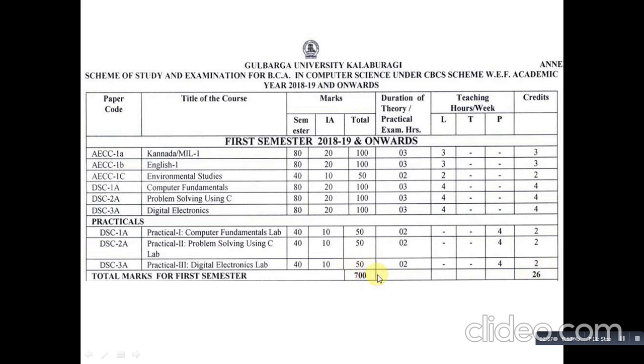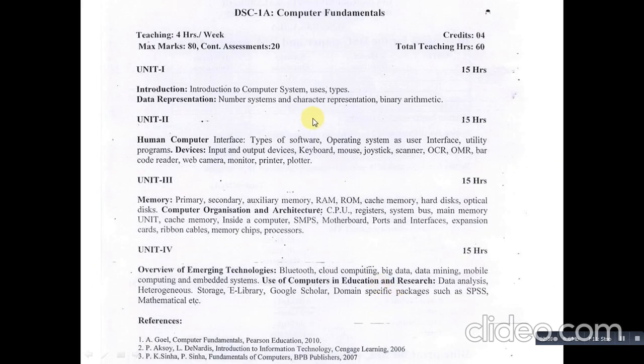DSC 1A computer fundamental paper is having 4 units. The first unit is all about the introduction of the computer system, uses and types, and also the data representation of the computer system, which is called number systems.